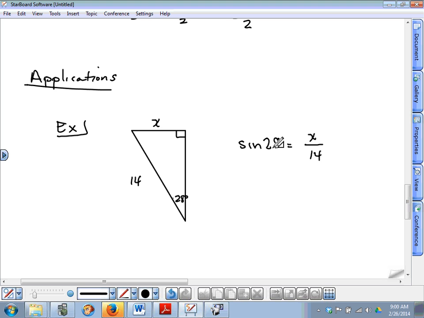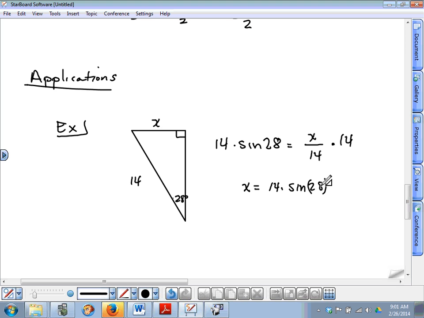Now we're not doing a special angle here, so it's assumed you would be using a calculator. Multiply by 14 on both sides. X is equal to 14 times the sine of 28. Doesn't happen very often, but some students get it in their mind that they can multiply the 14 by the 28. And that can't happen.